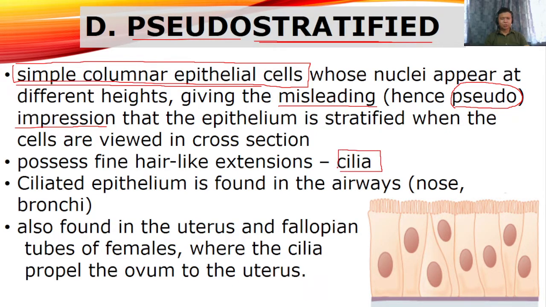Okay, they are usually found in the airways, such as in our nose, in our nasal cavity, and in our bronchi. Okay, allowing it to sweep the dust particles or the dirt particles or the foreign materials away from our respiratory tract.